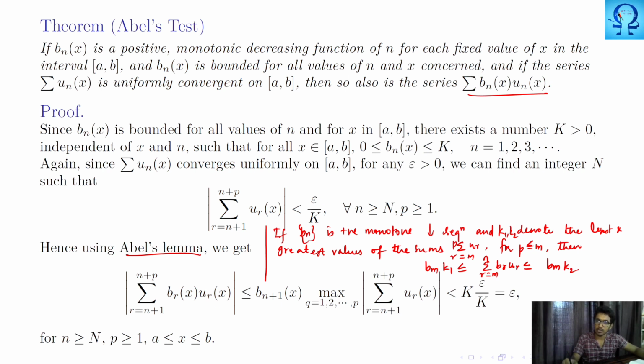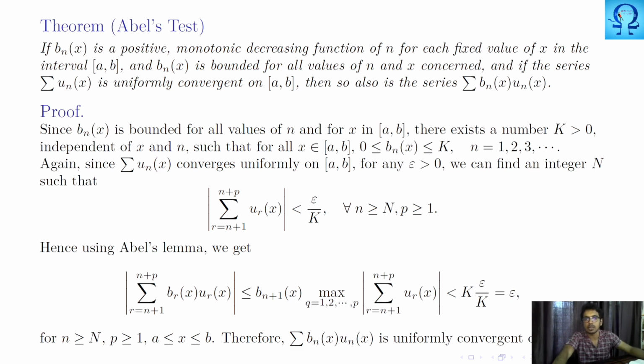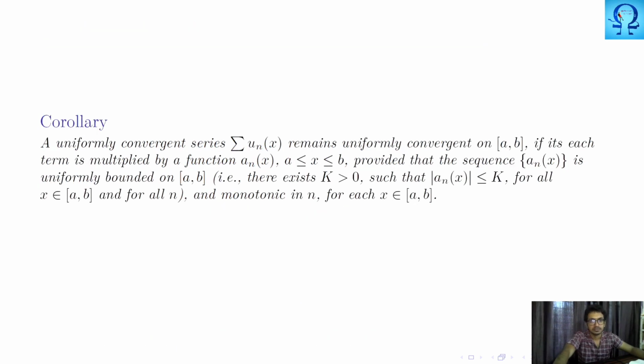That is epsilon upon k. And since b_n is a bounded sequence, b_{n+1} is bounded by the quantity k. That is what we have taken. Now we have proved it is smaller than epsilon. Now again, using Cauchy criterion for uniform convergence, we conclude that this series is uniformly convergent.